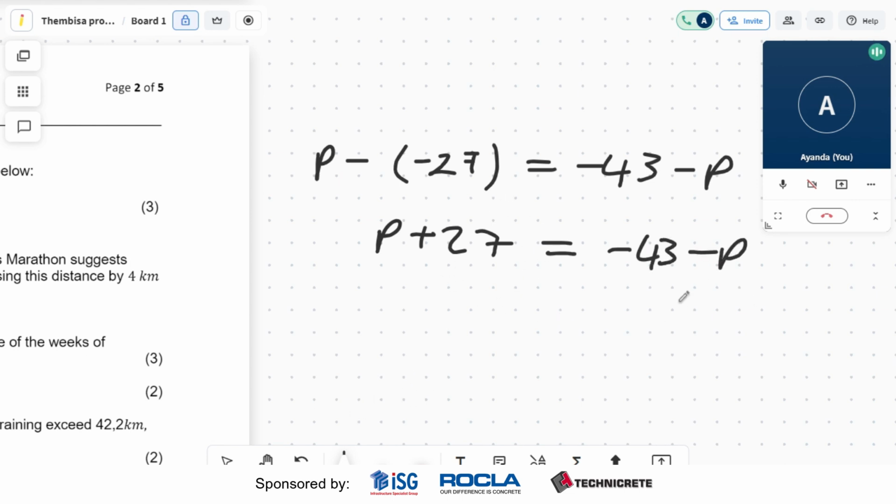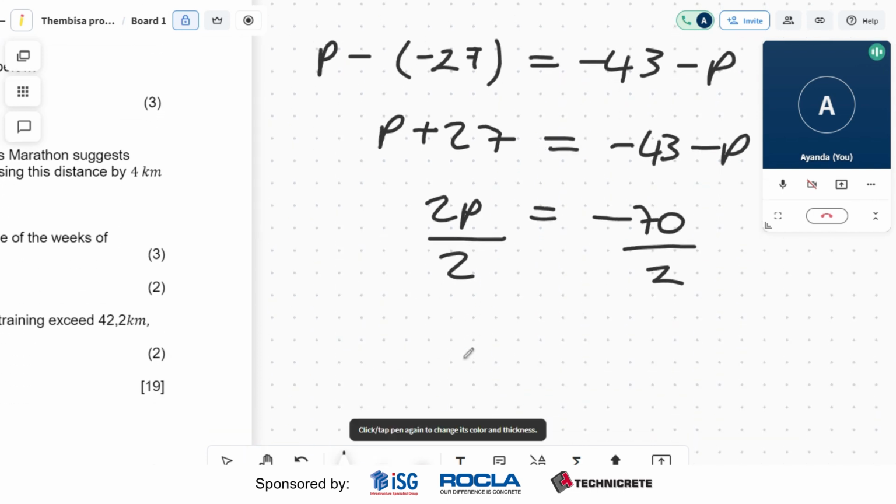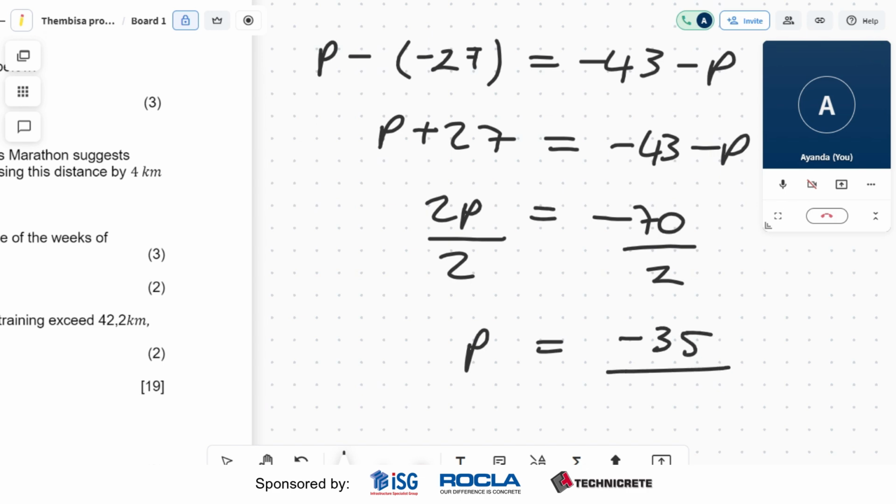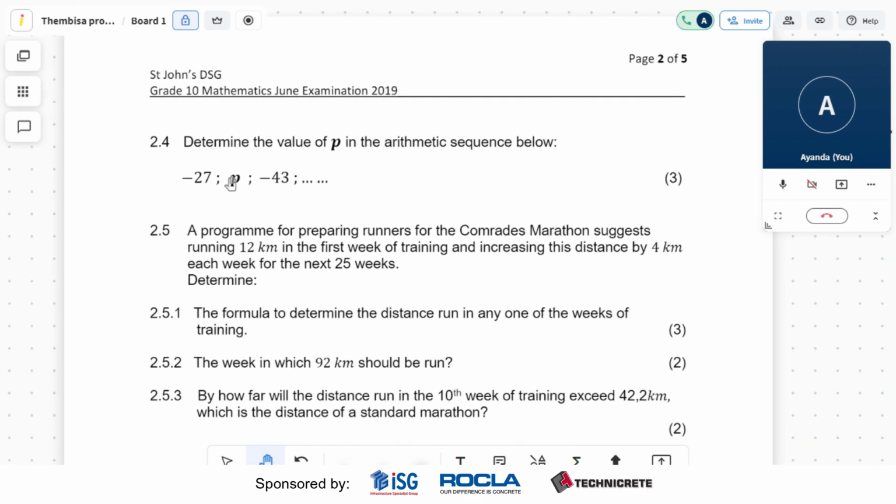If we take the 27 to the other side and bring the negative p to the left-hand side, we're left with 2p is equal to negative 70. If we divide both sides by 2, we find that p is equal to negative 35. And negative 35 is right in between negative 27 and negative 43. So we can be confident that our answer is right.